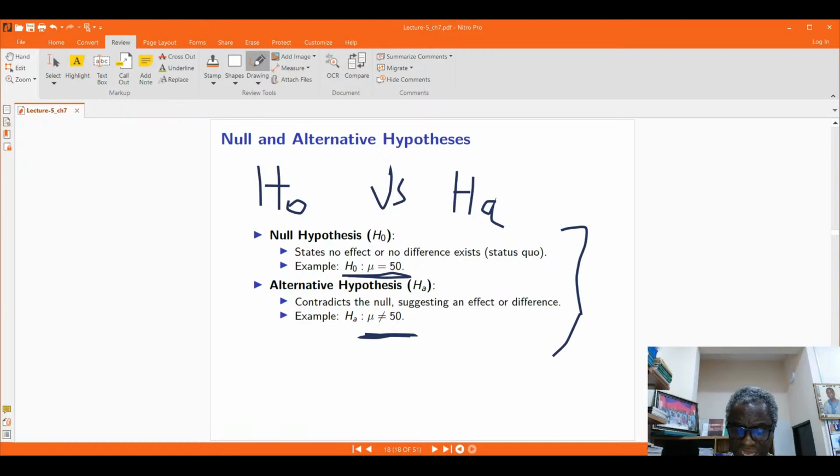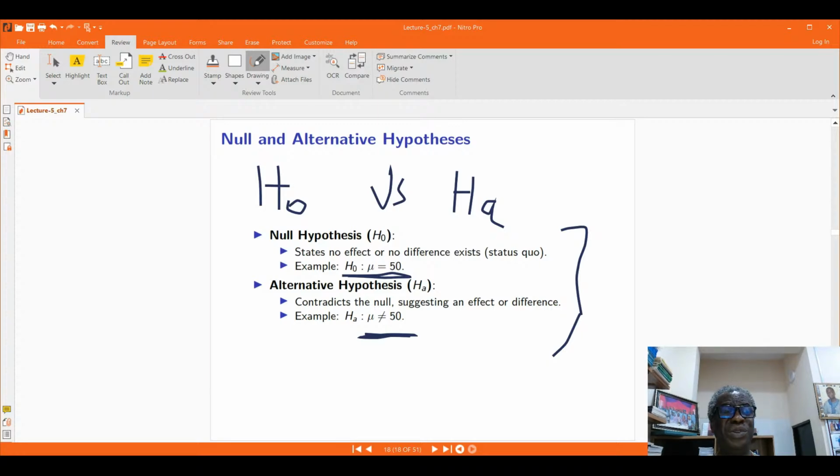It must be clearly defined before you even go for data collection. This hypothesis formulation must be done even before you begin to talk about data collection or doing any calculation about the validity of the test.